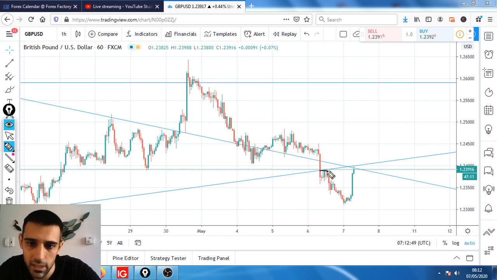So we have this support level, even though that's not very strong, because we have this nice strong bullish candle, and also it looks like the volatility is picking up to the upside.